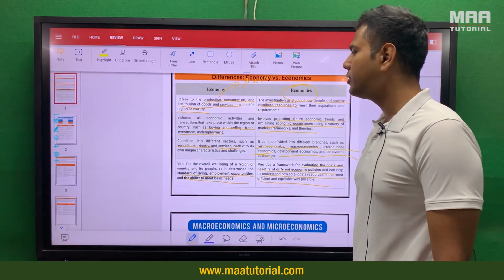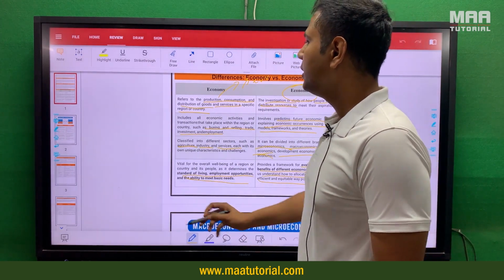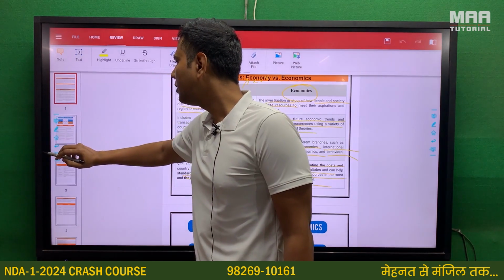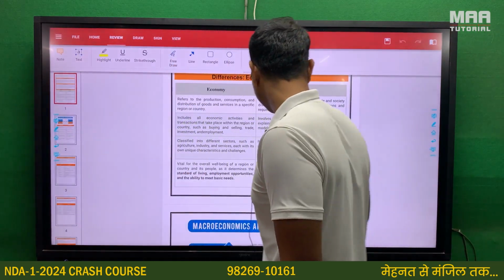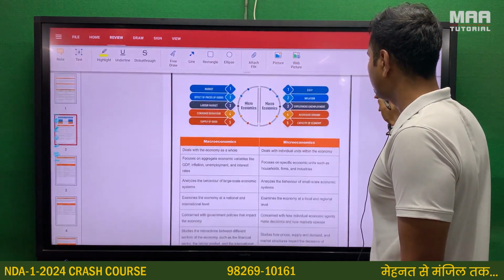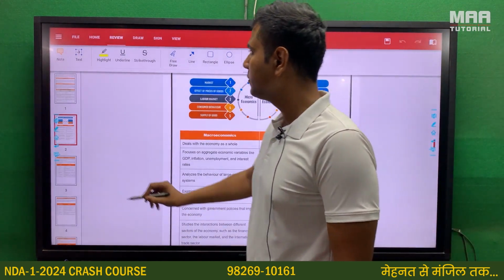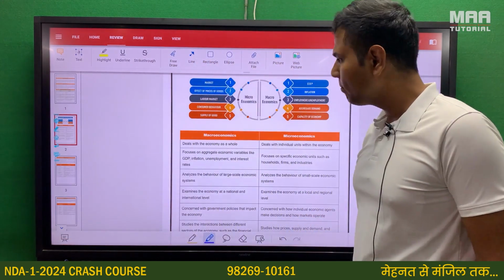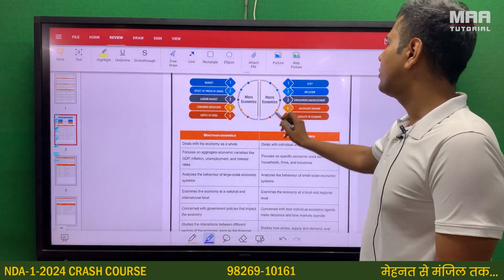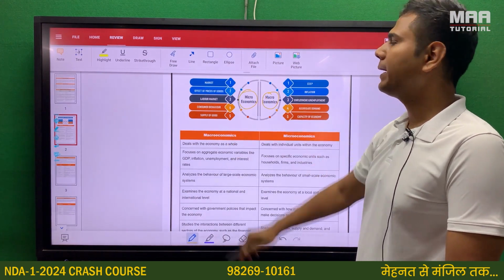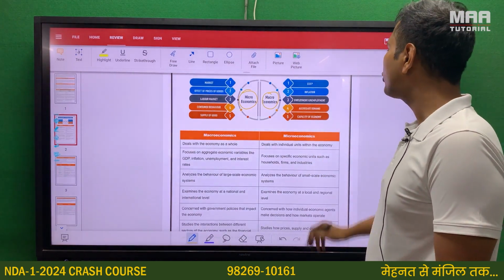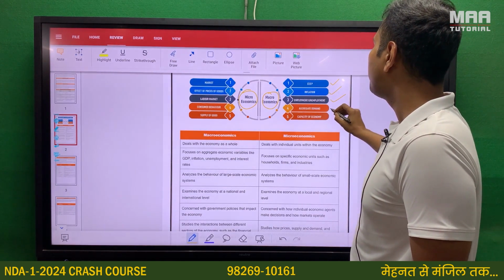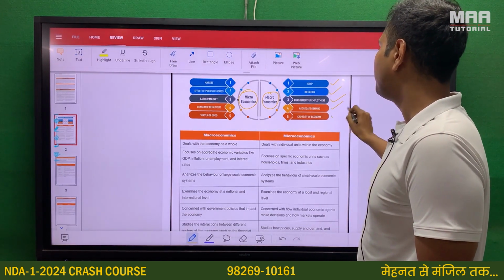So let's move ahead further, understanding the difference between macro and microeconomics. What do we observe in macroeconomics? And what do we observe in microeconomics? In macroeconomics, we see GDP, inflation, employment, unemployment, aggregate demand, capacity of the economy.